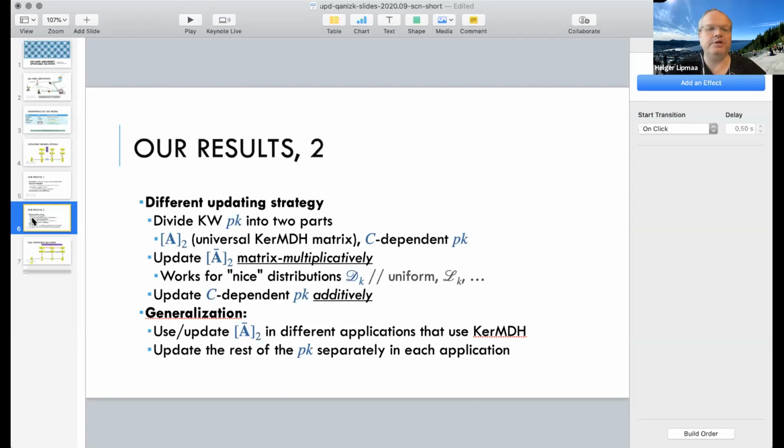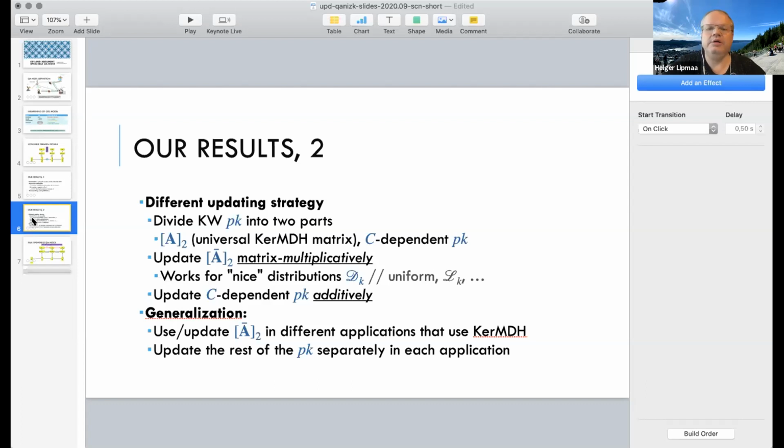And then I think the very interesting thing here is generalization, because this universal public key is just a Kerr MDH hard matrix. It does not depend on the fact that we are doing CONISC at all.